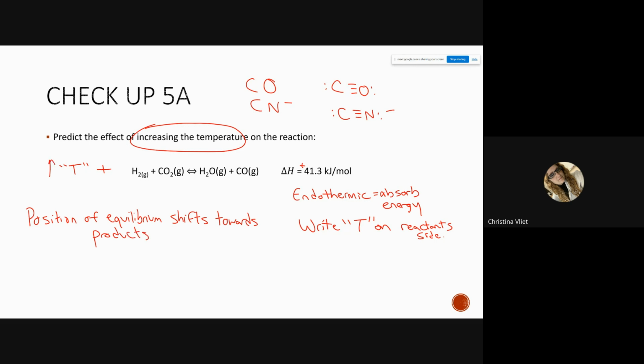So increasing the temperature increases the stress on the reactant side. Whatever side you increase the stress to, the reaction works to do the opposite of that stress. So if the stress is applied to the reactant side, the reaction will make the opposite side, which is products, because it can go either way depending on the stress added. So it shifts towards products. Yes?